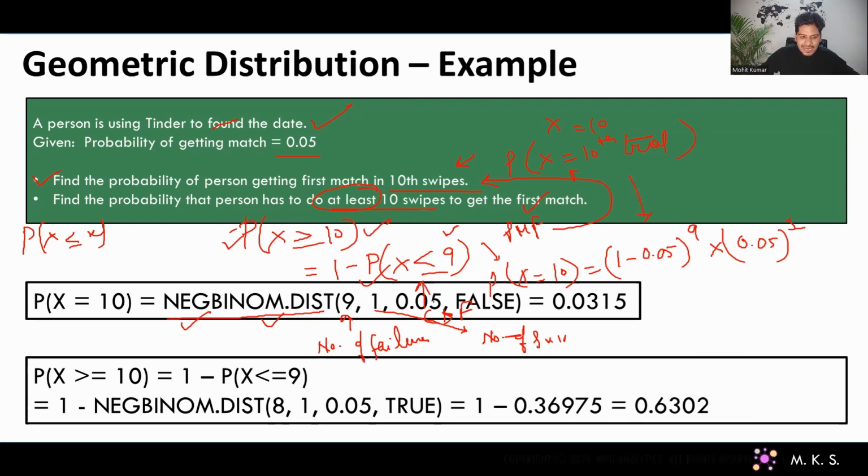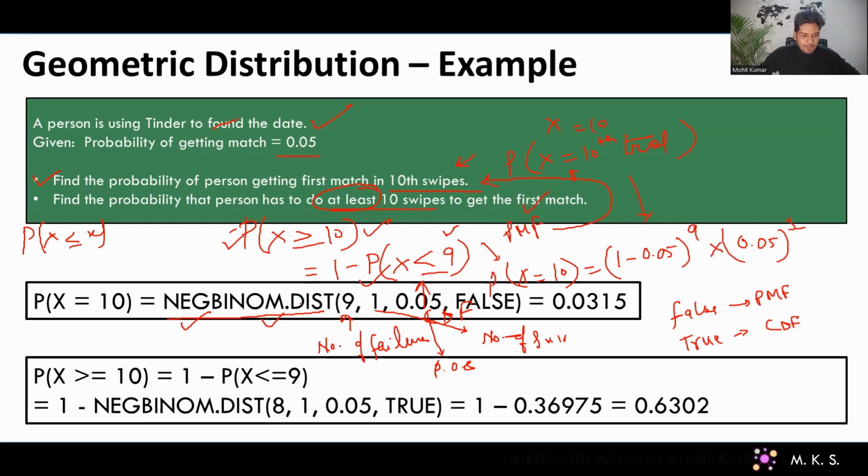Then the third argument is the probability of success. And then the fourth argument is false for the PMF calculation; if you are calculating the CDF, you will write true. Okay. So now in our first case, we are calculating the PMF.